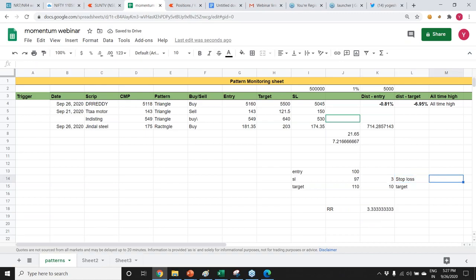So my initial stop loss is 97. Now whenever price moves to, say, 103, which is my 3 rupees risk, I can trail my stop loss by 3 rupees.